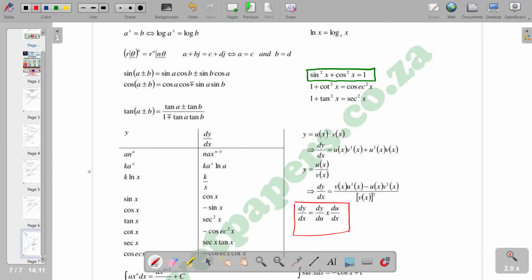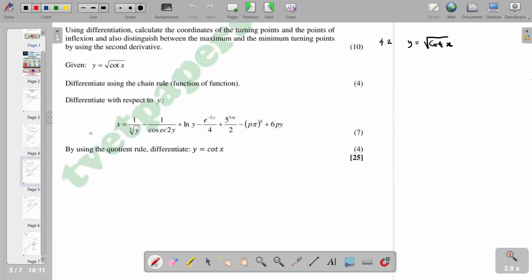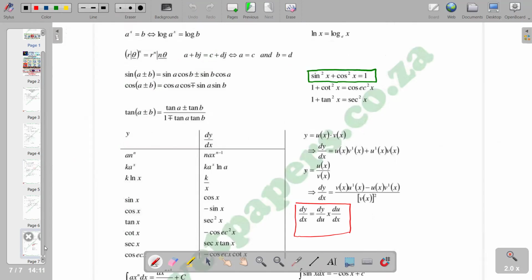So applying that formula, it simply means we go to our question. Then we are going to say let u be equal to cot x. So du dx will be equal to, you can do it, but just go to your formula sheet.